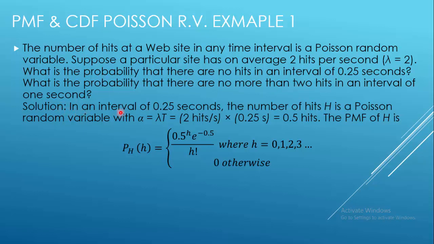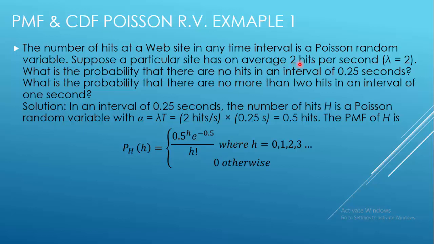So in an interval of 0.25 seconds, the number of hits H is a Poisson random variable with alpha equal to lambda times T. Alpha is equal to the arrival rate multiplied by time. The arrival rate is 2 hits per second, as given.